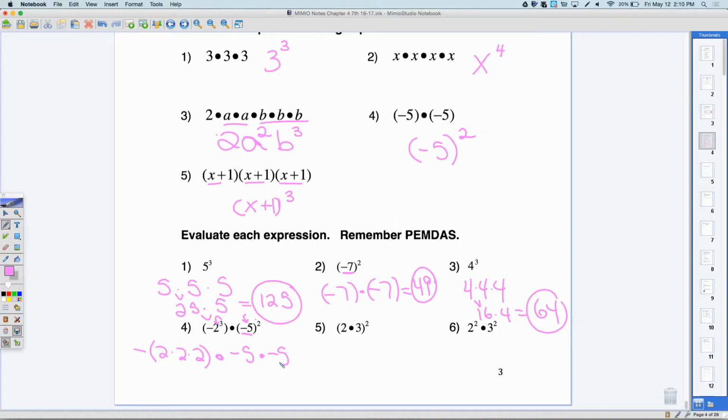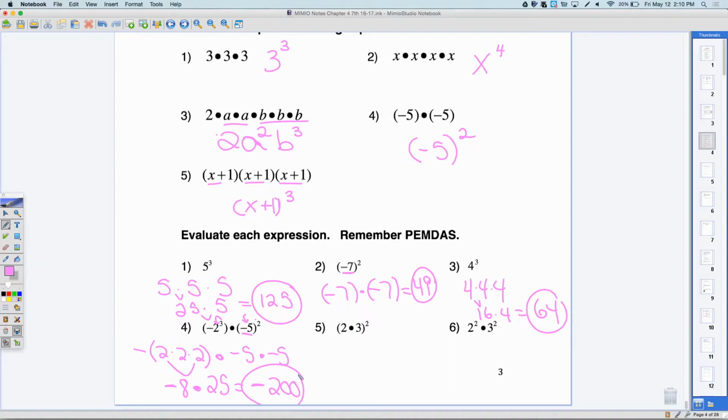So now we have to finish our evaluating, and 2 times 2 times 2 is 8, and then take the opposite of that, that's -8, and then -5 times -5 is positive 25. Negative times a positive is a negative, and 8 times 5 is 200, so it's -200.